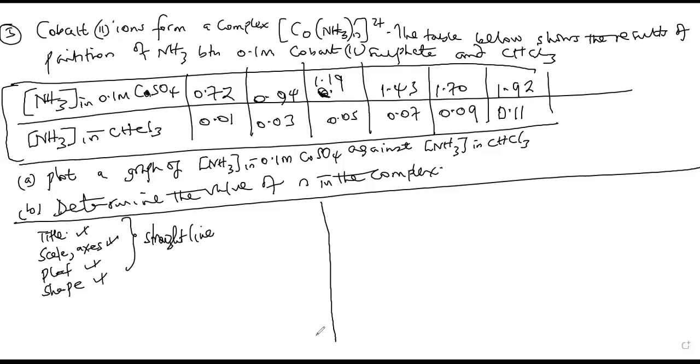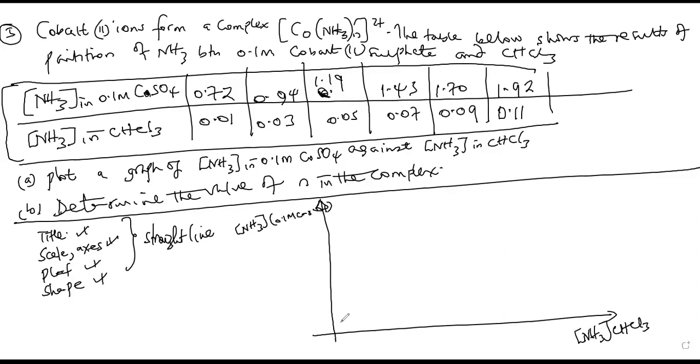I'm sketching something here. Here we shall have the concentration of ammonia in 0.1 molar cobalt sulfate. Here we shall have the concentration of ammonia in trichloromethane.